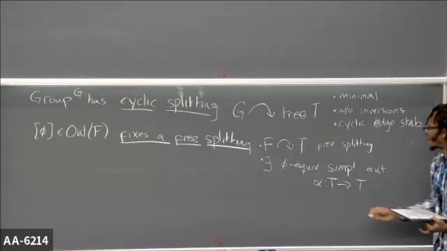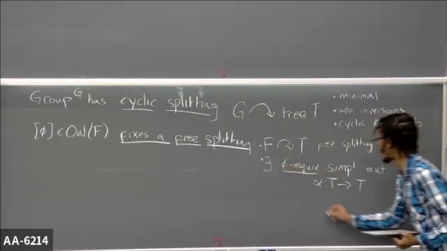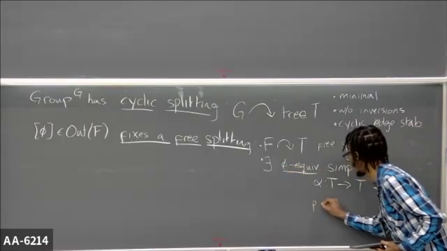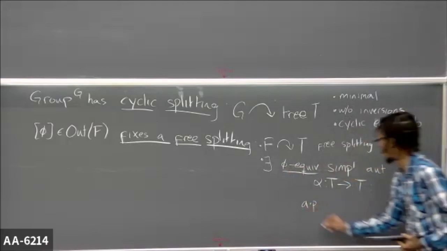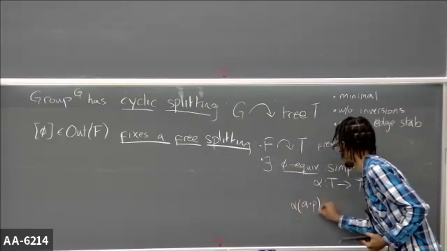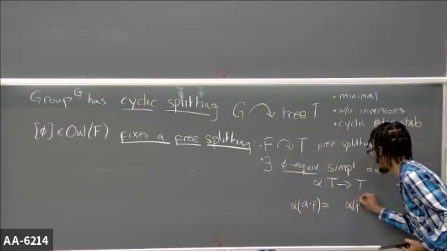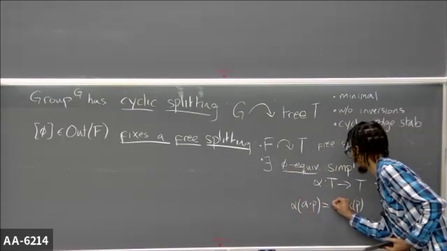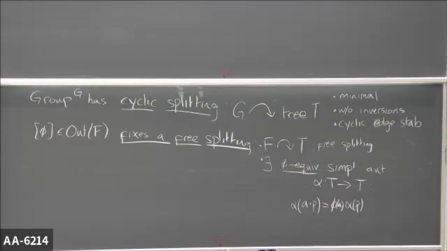So what does being phi-equivariant mean? It means if you pick a point P in your tree and you act on it by an element A of your free group and apply the automorphism, then that's the same as applying the automorphism to just the point and then acting on that by the image of A under your automorphism. Okay, so we've seen fixed free splittings. This is an example of a fixed free splitting.